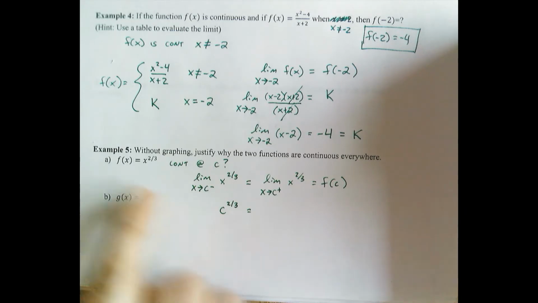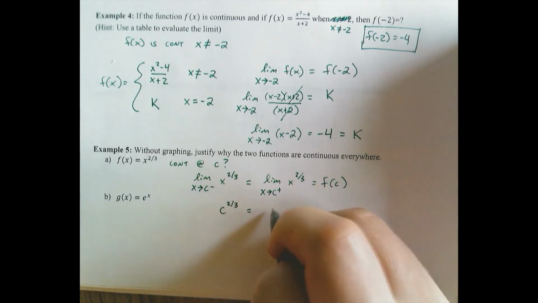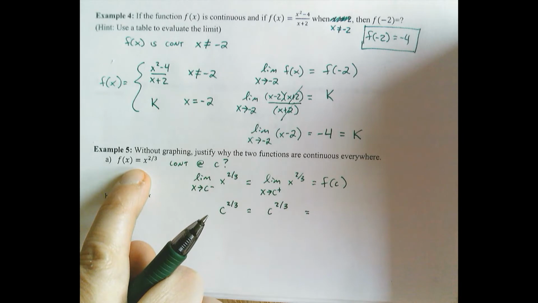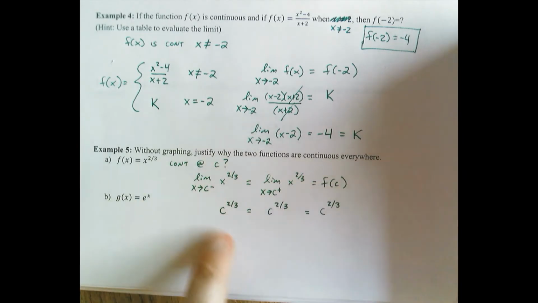But since this function doesn't have a jump, it's not a piecewise function, then we're good. Again, if I stick c into this one, I get c to the 2/3, and if I evaluate f of x at c, I would get c to the 2/3. So f of x is continuous at every value c.